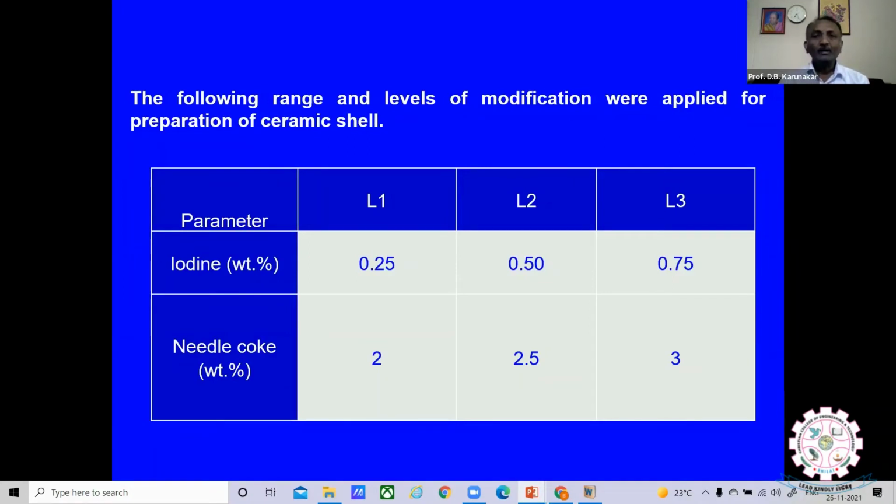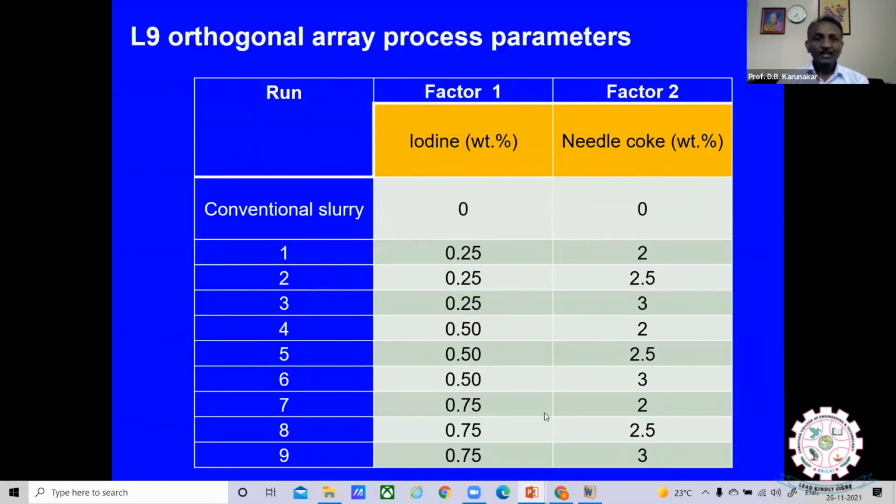So with these levels, we have conducted several experiments. These are the different experimental combinations. You see, iodine was varied from 0.25, 0.5 to 0.75, and needle coke was varied between 2, 2.5 and 3. Totally 9 experiments were conducted.